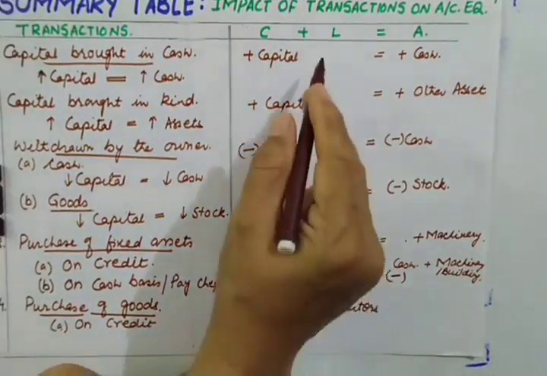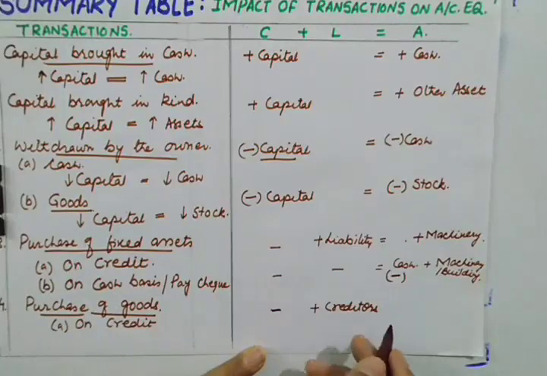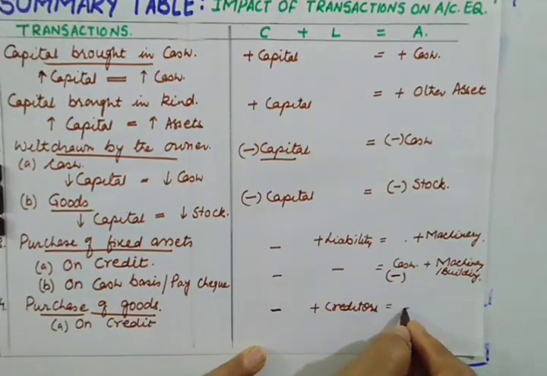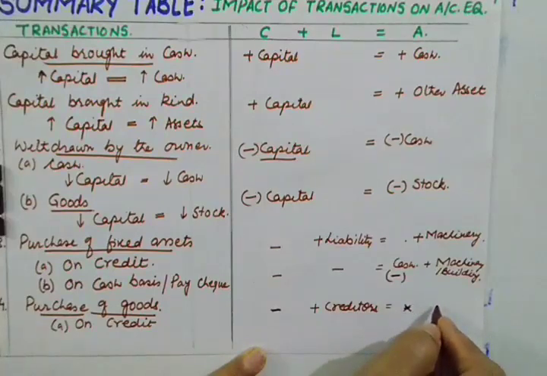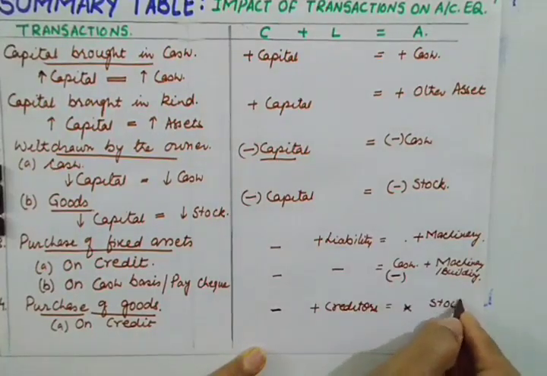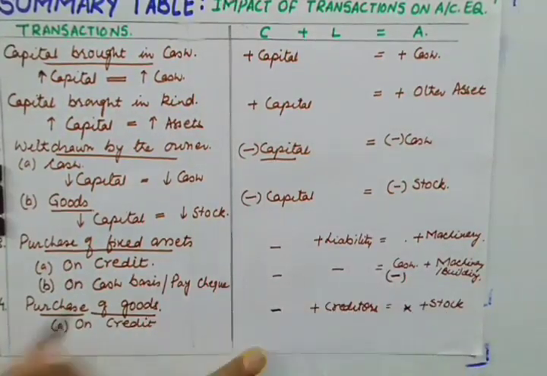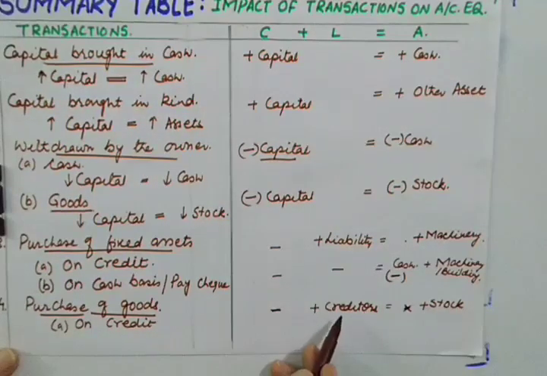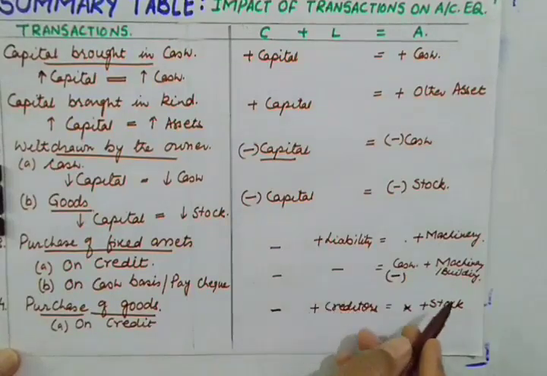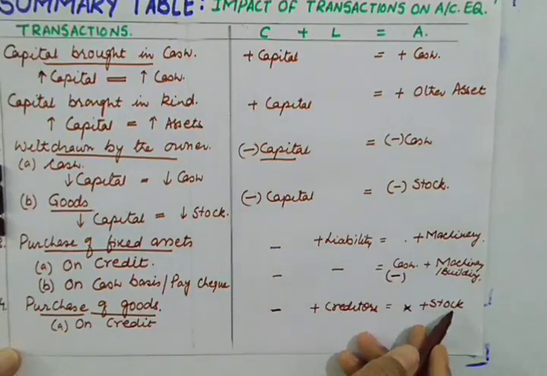So creditors will be added on the liability side. No change in cash. Your cash will remain as it is because you are not making any payment in cash, but your stock will increase. So how is this going to affect? Your creditors will increase with the equal amount of stock.